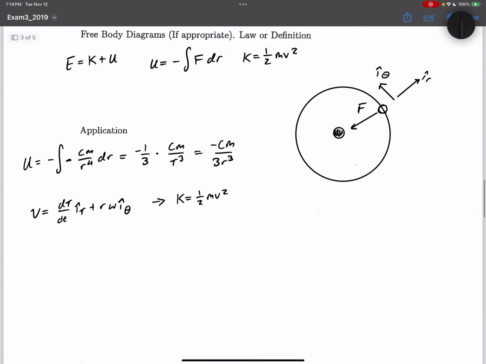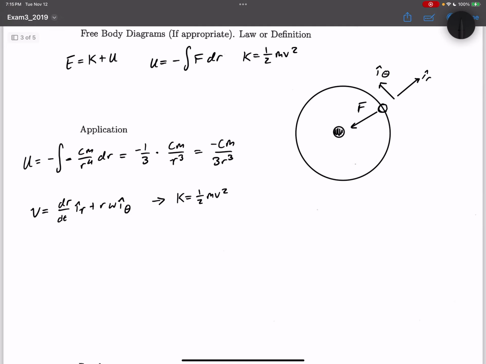So let's see. We know that R is constant, so that means the derivatives of R are going to be 0.